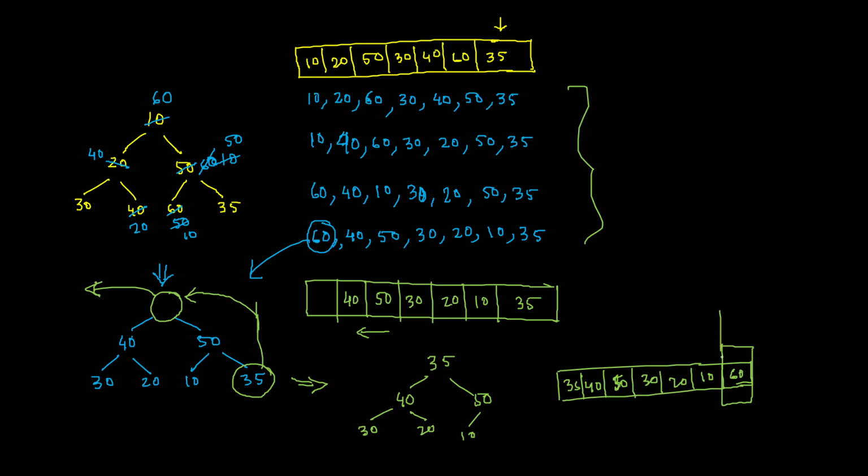Forget about this part. The complete binary tree is up to only this part. Now, as soon as 35 came here, this particular complete binary tree is no more a max heap. So that means we have to heapify again and build a max heap again.